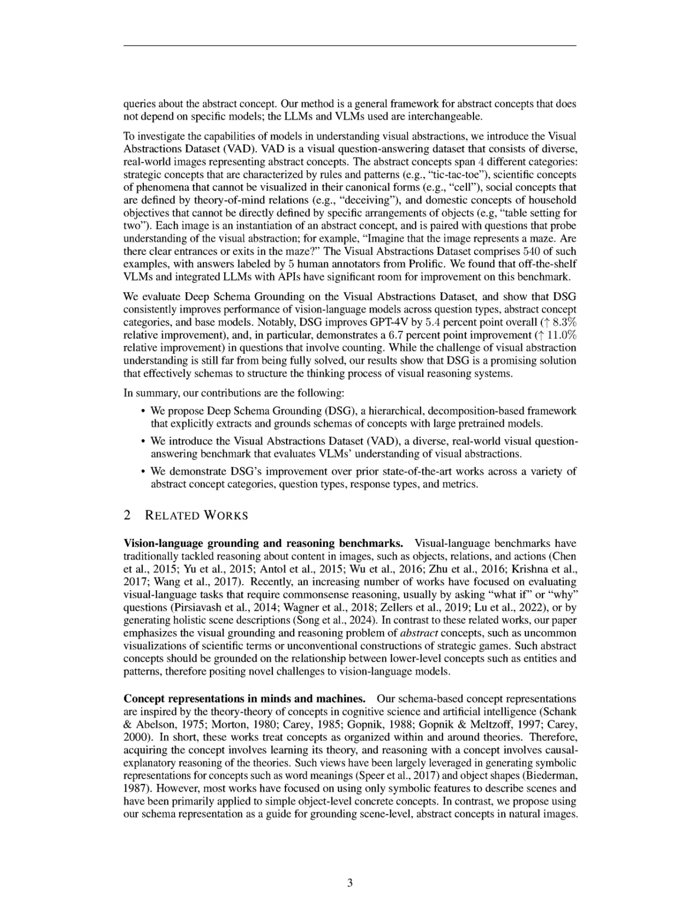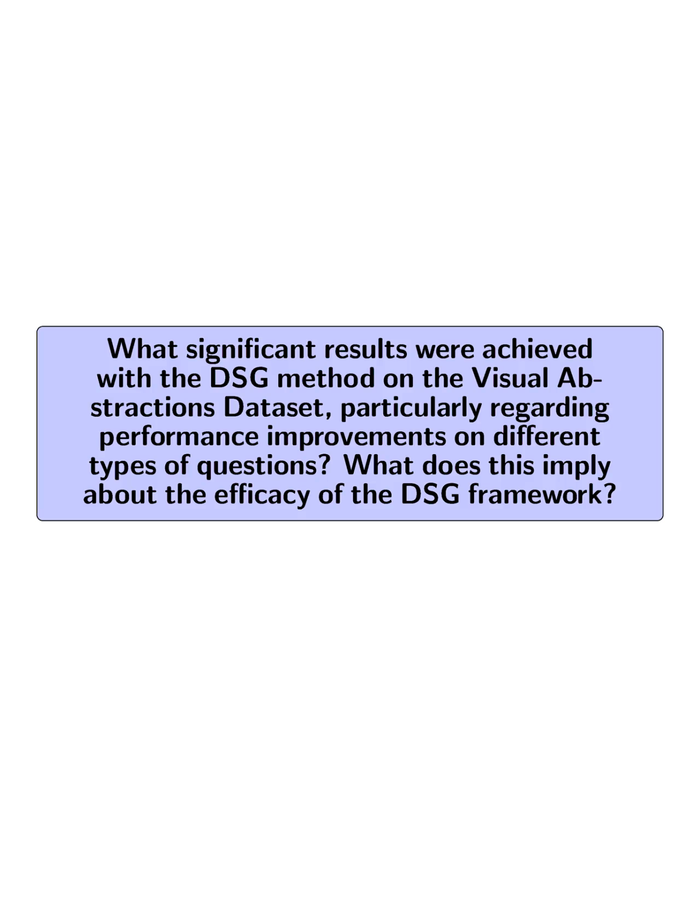What significant results were achieved with the DSG method on the Visual Abstractions dataset, particularly regarding performance improvements on different types of questions? What does this imply about the efficacy of the DSG framework?